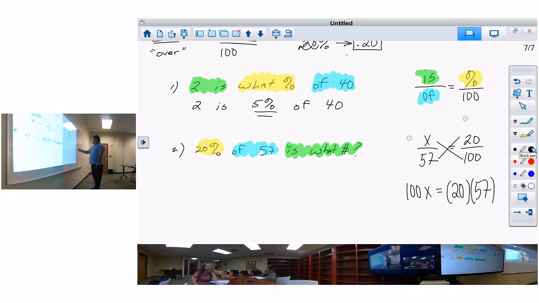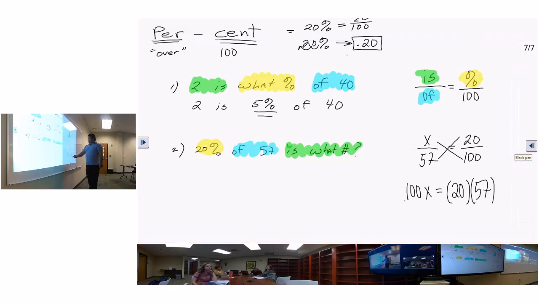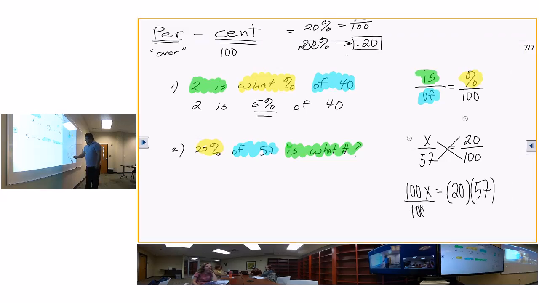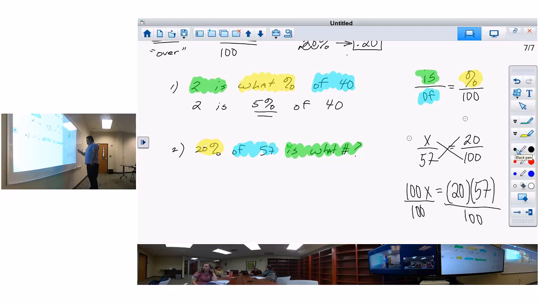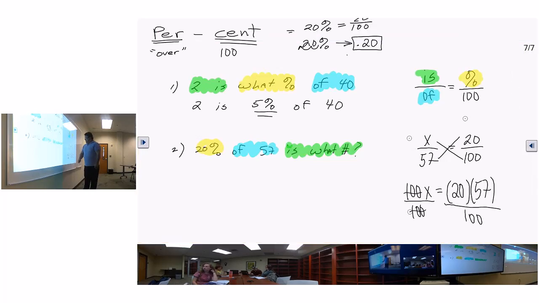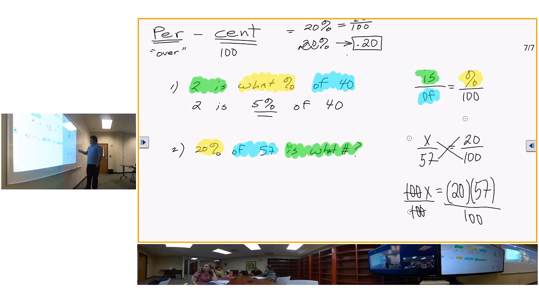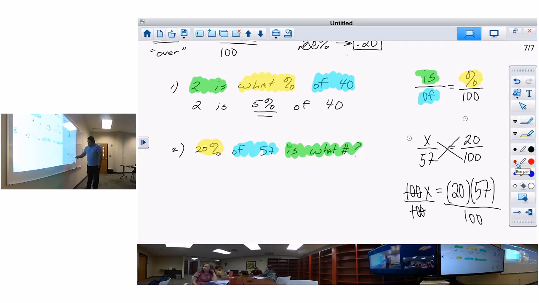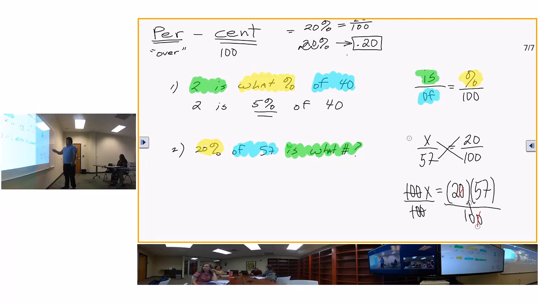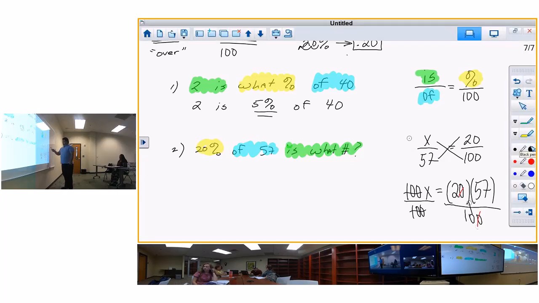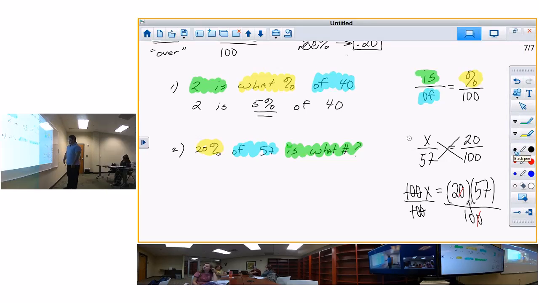I'm going to take this 100 and divide it over here, but I'm not going to do it all together because that'll give me a number that I don't know about. So I'm going to take that 20 and take a zero out. And what's 2 over 10? Well, we're going to leave that because it's easier to do it over 10. Okay, so what's 2 times 57?